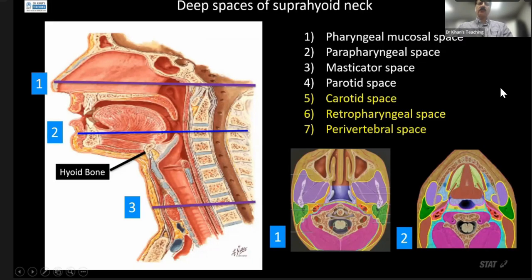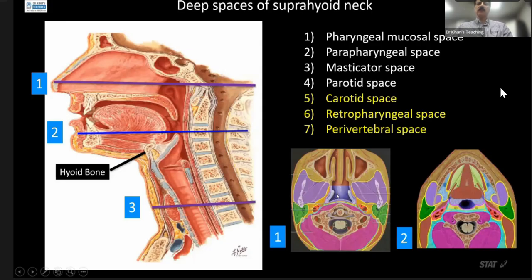So this is hyoid, and superior to that, this diagram is going through this level. So consider that this is a CT scan or MR scan, and this is the level of the nasopharynx.